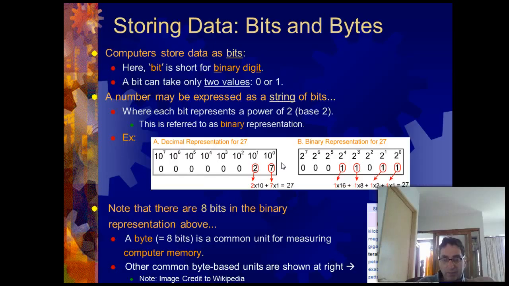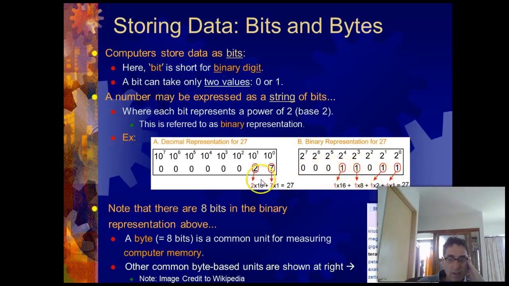Notice also that in decimal representation, we have 10 digits, 0, 1, 2, 3, 4, 5, 6, 7, 8, 9. And in binary, we have 2 digits, 0 and 1. So you don't go higher than that here. Okay, so let's read what's written here. Computers store data as bits.